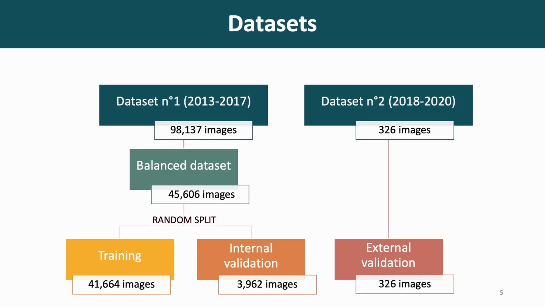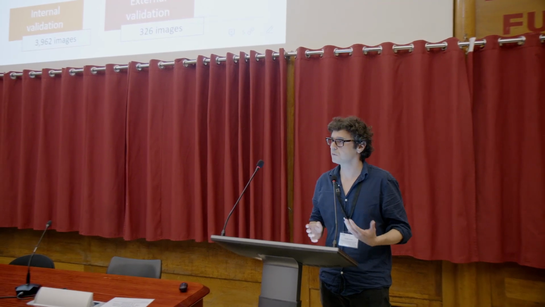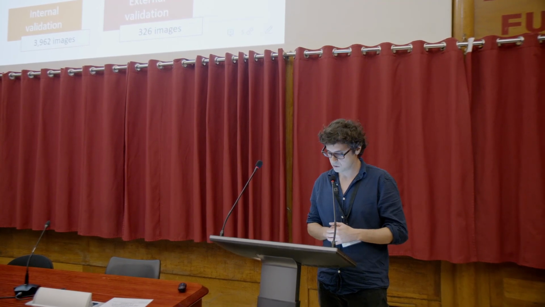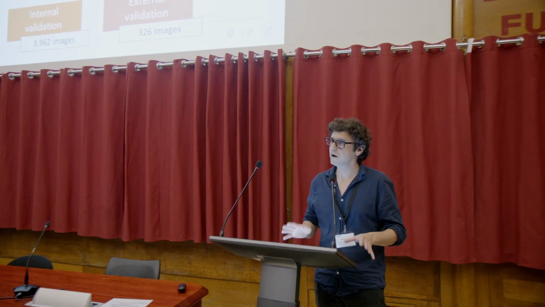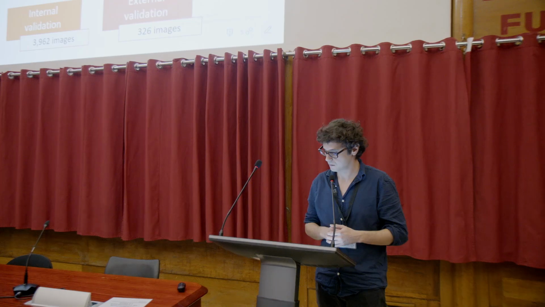When we looked a bit closer, we found that he had two data sets that he was willing to work on. One was data set number 1, with about 100,000 images from digital otoscopy. This dataset was really unbalanced, so some categories were underrepresented, so we balanced the dataset and obtained around 45,000 images that could be divided into a training set and an internal validation set, a test set.